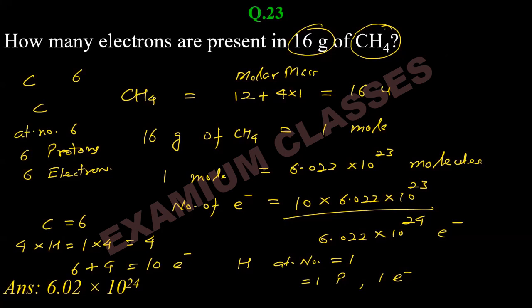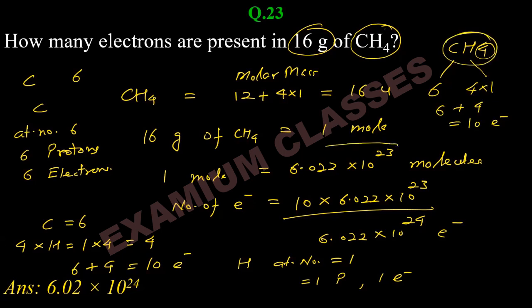So in CH4, carbon has 6 electrons, hydrogen has 1, but there are 4 hydrogens. So 6 plus 4, 10 electrons in one molecule. But there are 6.022 into 10 power 23 molecules, so you multiply it with the number of molecules to get the total number of electrons. Is that clear?